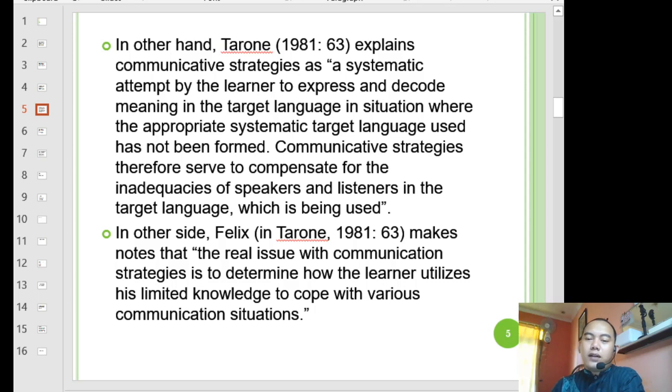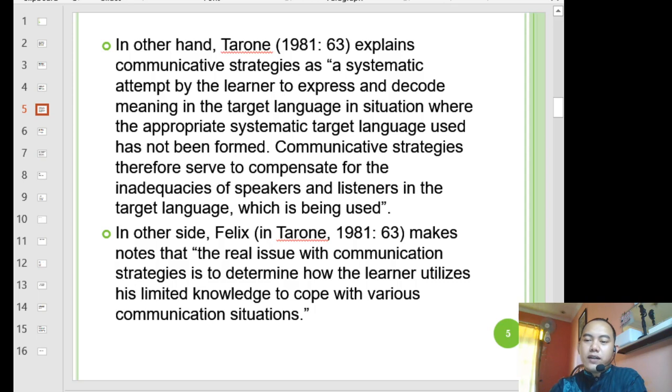On the other hand, Tarone, 1981, describes communicative strategies as a systematic attempt by the learner to express and decode meanings in the target language in situations where the appropriate systematic target language rules have not been formed.